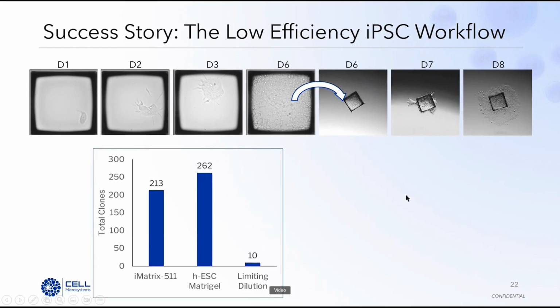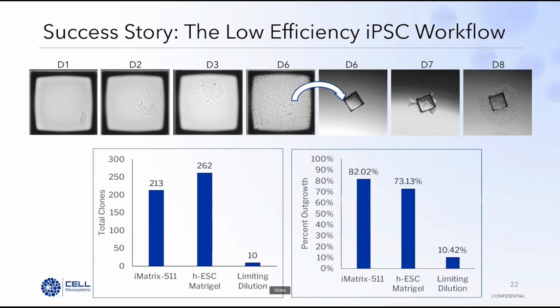Using 2 different iPSC coatings, we showed that in one consumable, we were able to obtain 213 clones on iMatrix, and also 262 clones using the HESC Matrigel. These are the total clones in one consumable. And using one consumable for limiting dilution, which is a 96 well plate, we were only able to get 10 total clones.